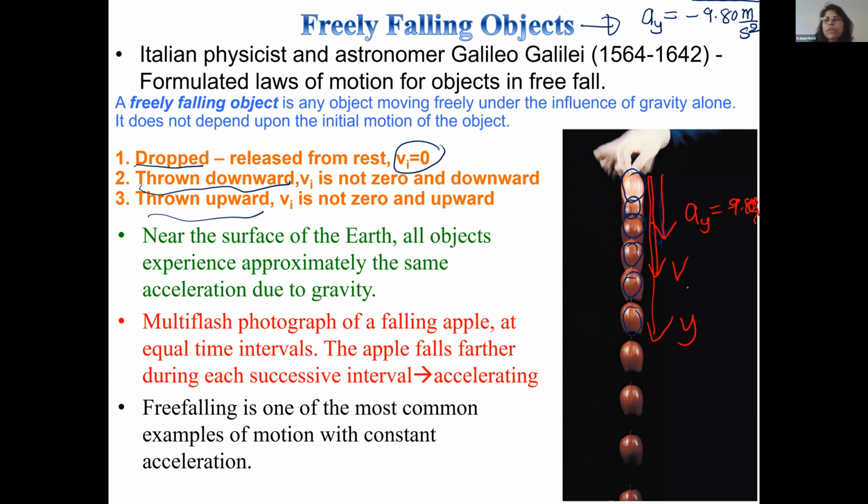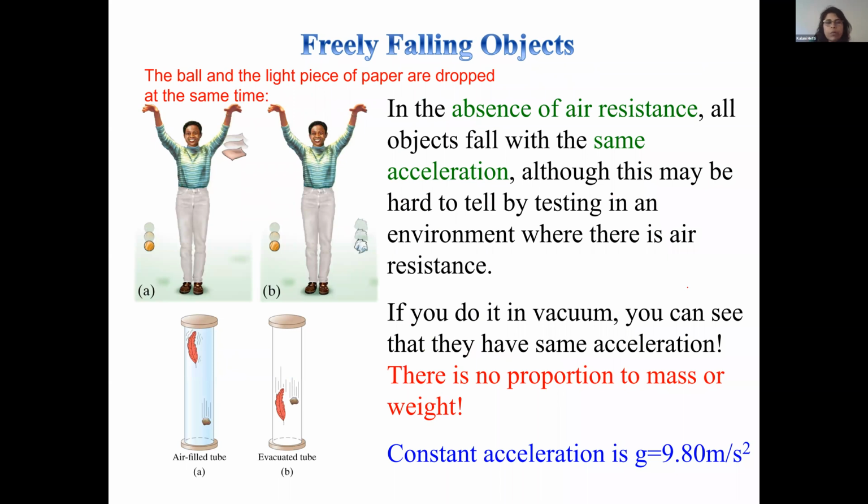Okay, now a little more about this gravity stuff. If I drop two objects at the same time, these two objects should land at the same time if they are free falling, if there is no air resistance. But if there is air resistance, definitely it will slow down the motion. The problems that we're going to discuss in your class will belong to free falling, that means no air resistance.